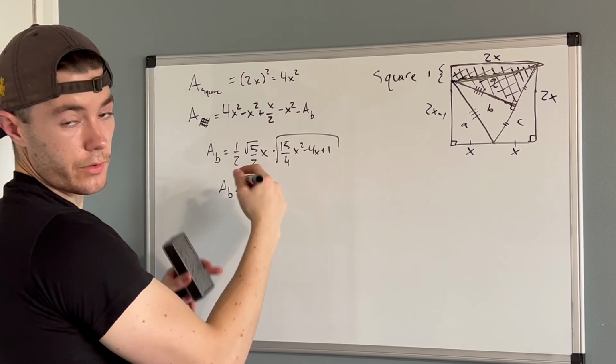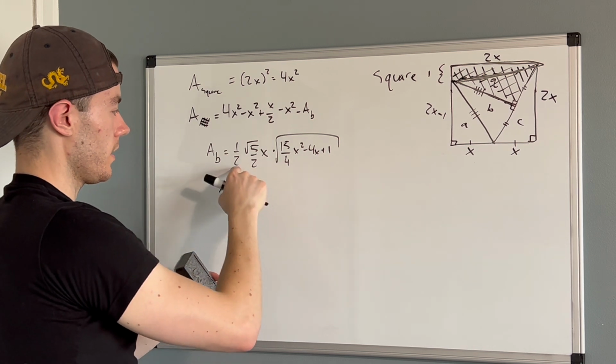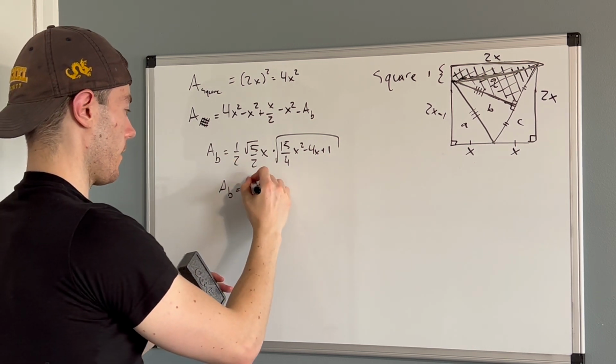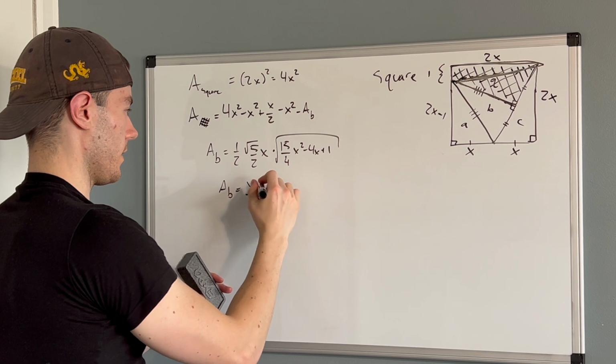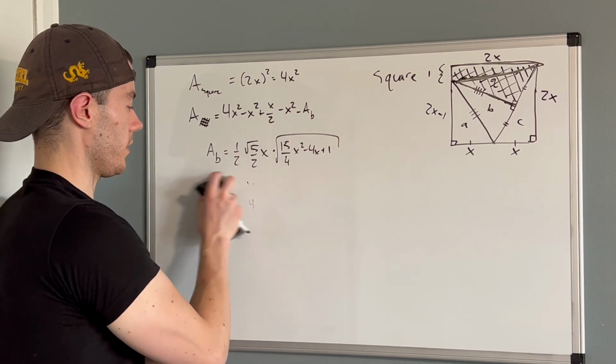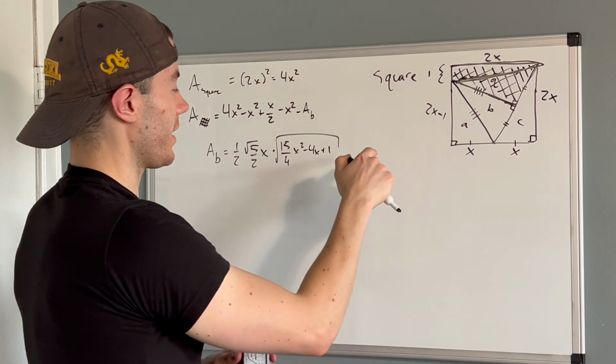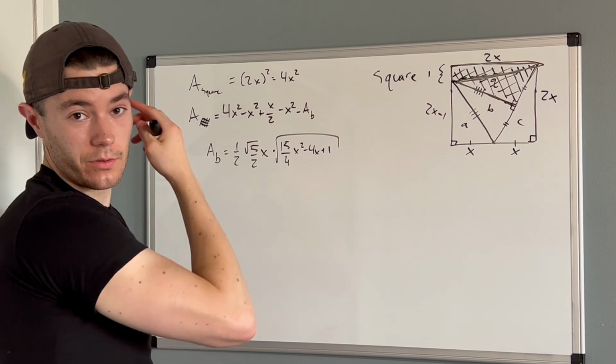I'm not gonna combine it, but we're gonna leave it like this for now. And then I'm gonna solve for x, and once we get x, we'll plug it in and it'll make this much simpler.